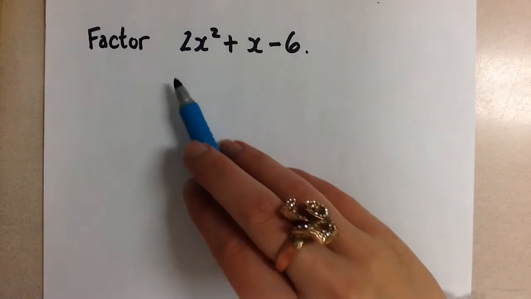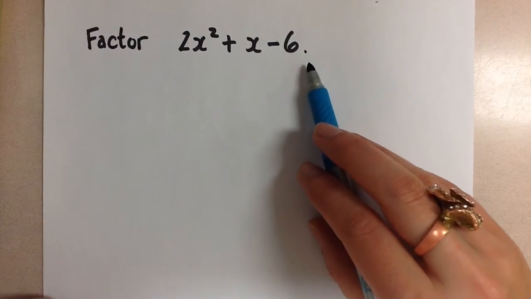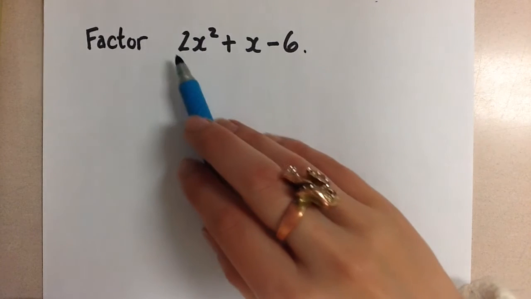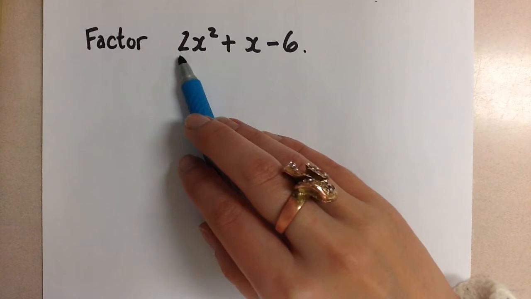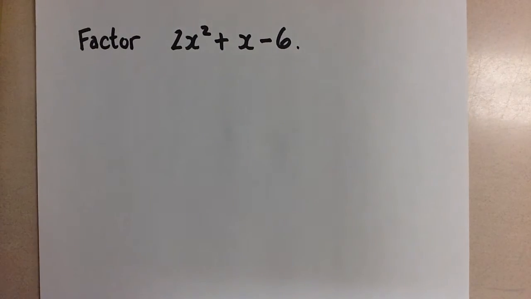We are looking at factoring complex trinomials. That is a polynomial of degree 2 that has a leading coefficient other than 1, and it can't be common factored.